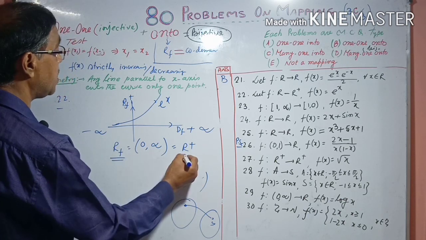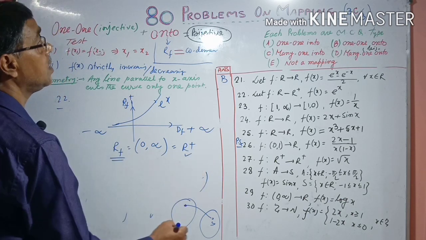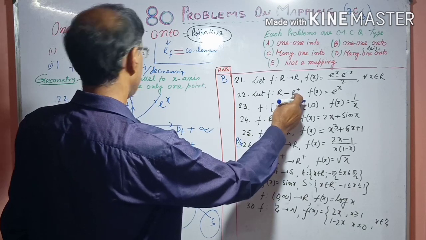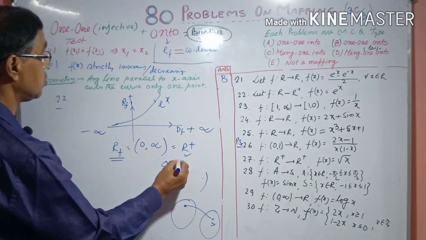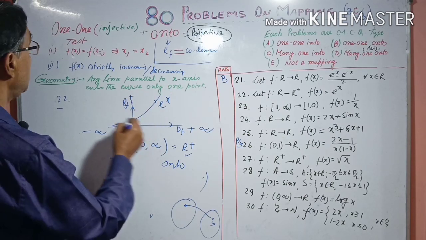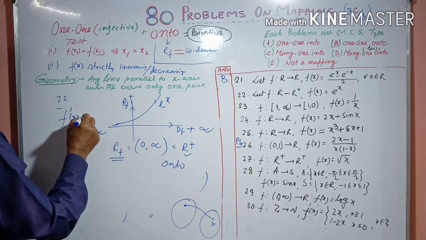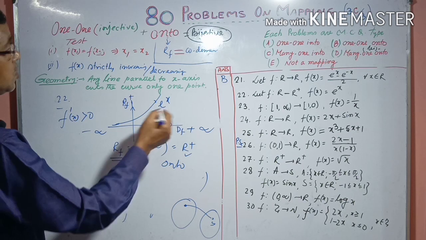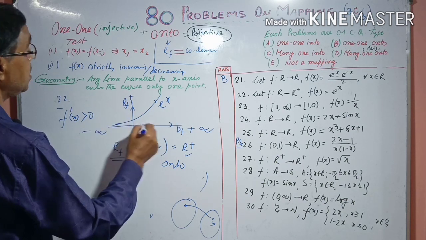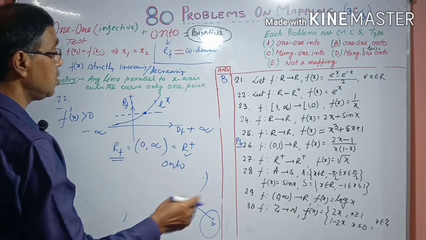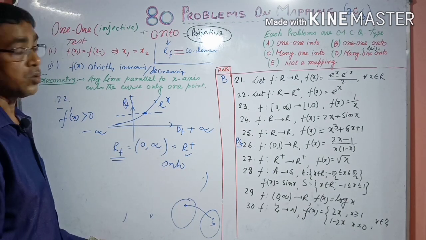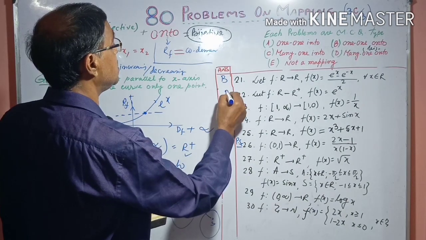So range of the function Rf equals R plus, therefore it is onto, and one-one also since f dash x is greater than 0, e to the power x greater than 0. Or any line parallel to the x axis cuts the curve at only one point, so it is one-one and onto also, that is the result is B.